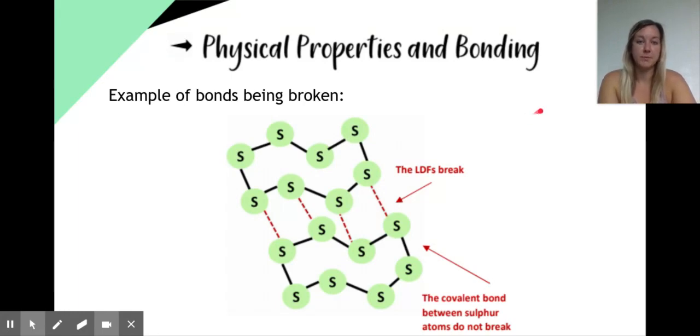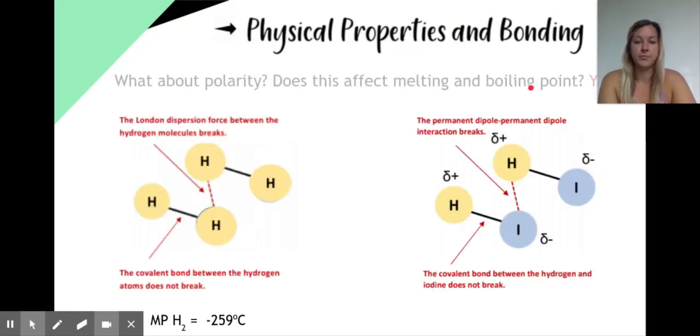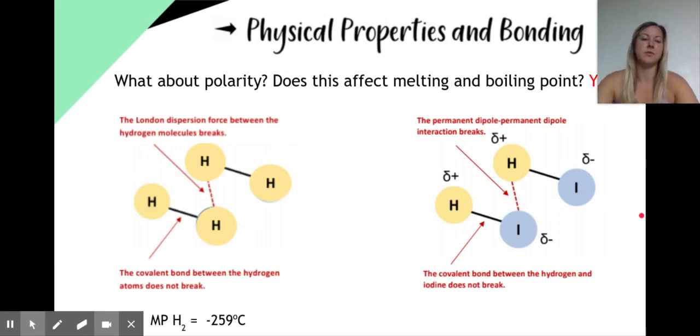Let's look at some examples. So, does polarity affect melting and boiling point? Yes, it does, and we're going to look at these 2 examples here to find out why. On the left, we have a hydrogen molecule, and on the right, we have a hydrogen iodide molecule.